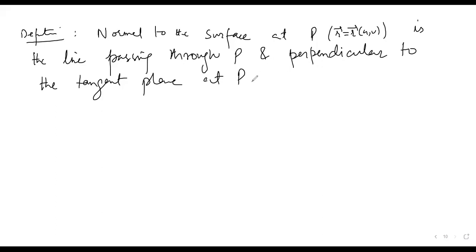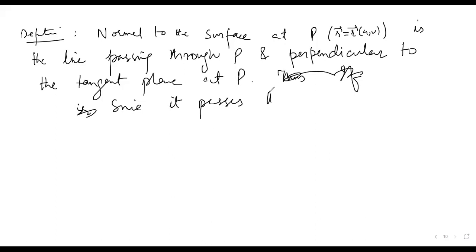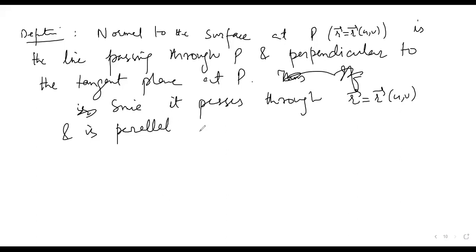And since it passes through R is equal to R at uv, and because it is perpendicular to the tangent plane, it must be parallel to ru cross rv.